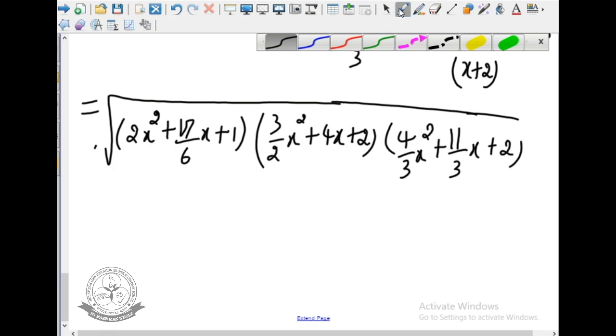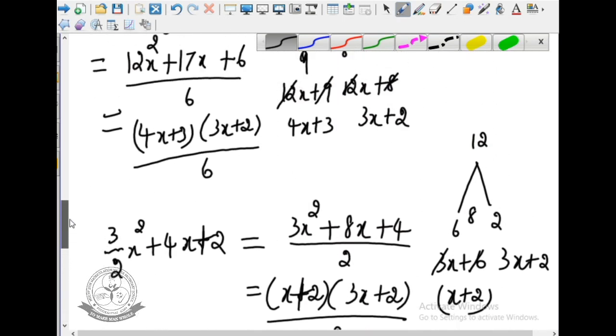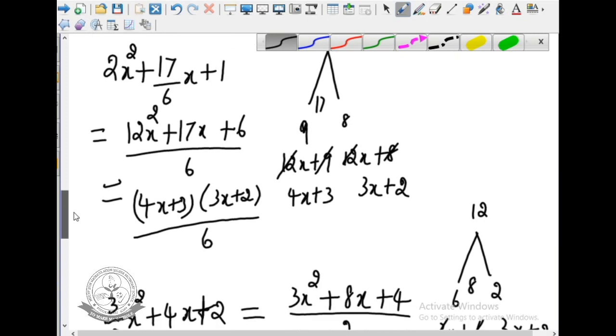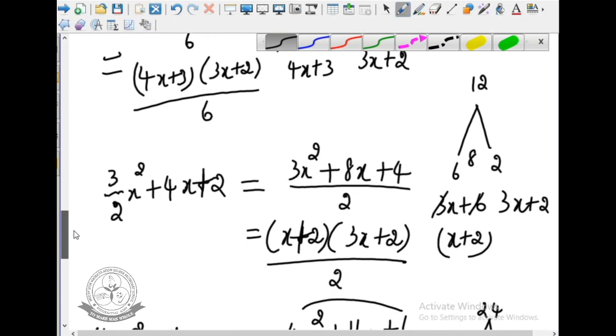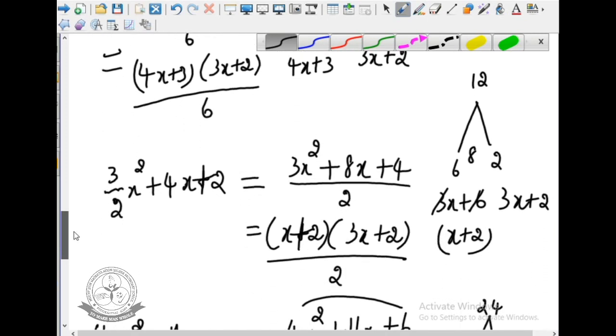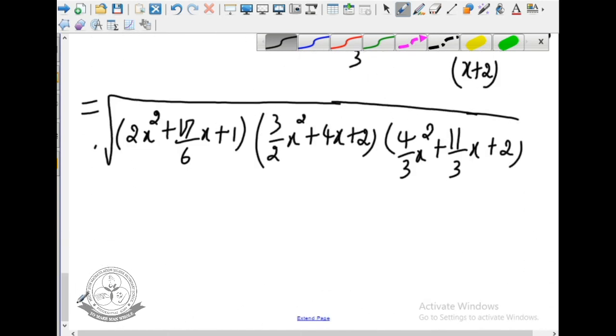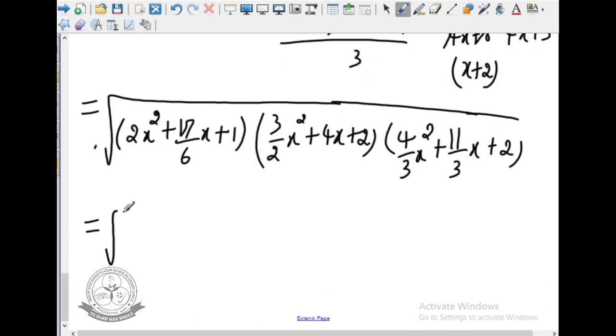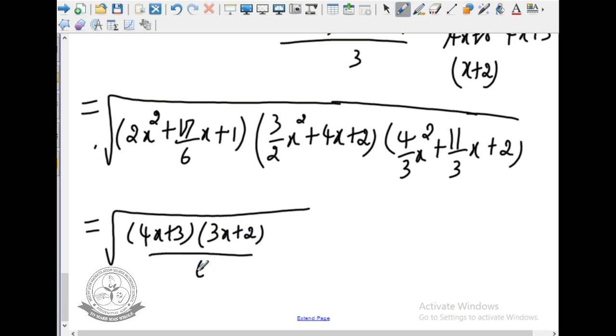So for the first one, my factors are 4x plus 3 and 3x plus 2 by 6, is equal to square root of 4x plus 3 and into 3x plus 2 by 6.